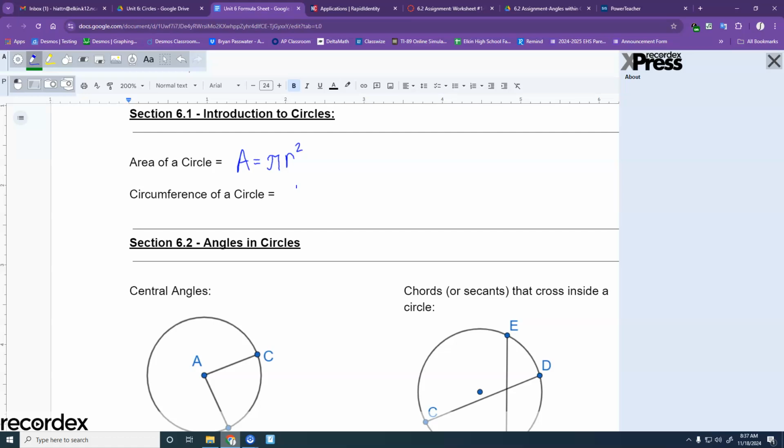And then for circumference, there are two different things you can use. The one we're going to use most often is 2 pi times the radius. But there is another one that you can use for this. It is pi times the diameter.